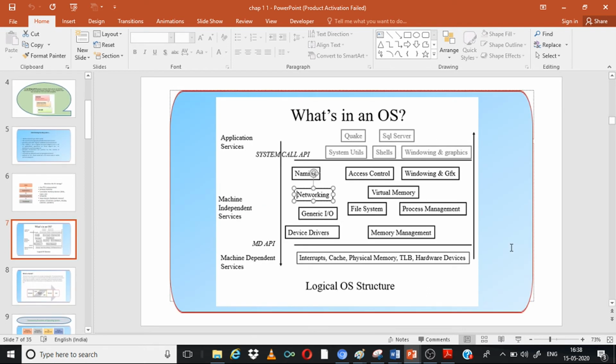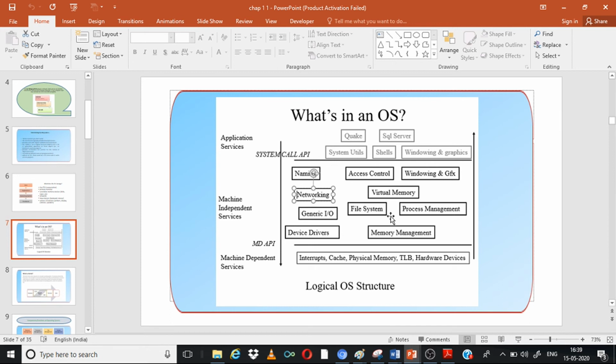The logical structure of the OS consists of three parts. One is the application service end, then the services which are independent of the machine, and a few services which are dependent on the machine. The services dependent on the machine include interrupts, cache, physical memory, hardware devices, TLB, etc. Machine independent services are such that, let it be any kind of machine, we need to have a naming nomenclature.